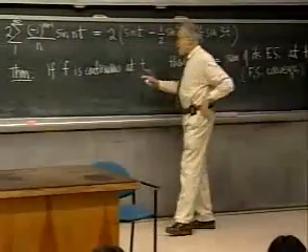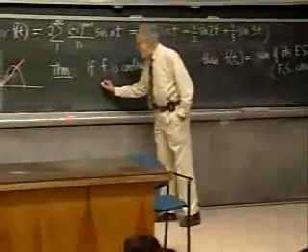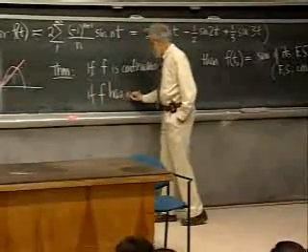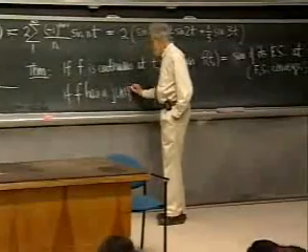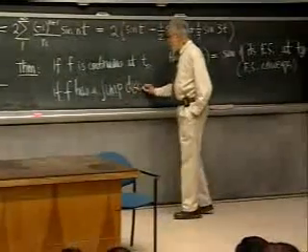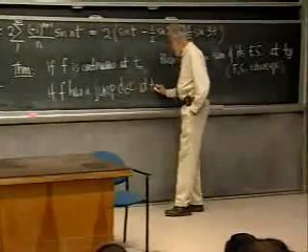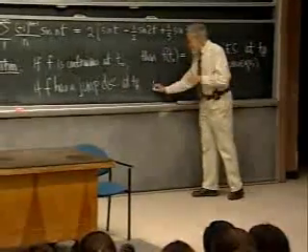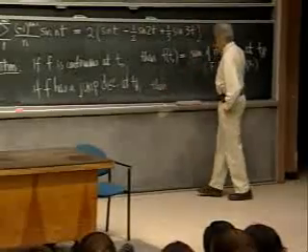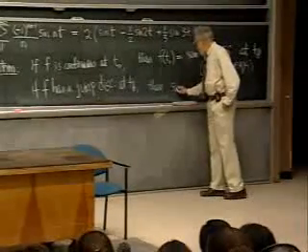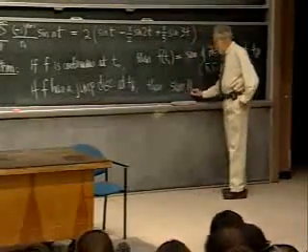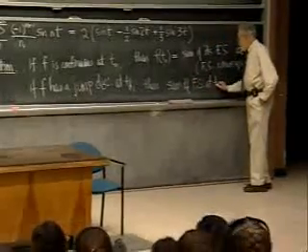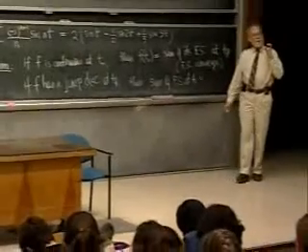So if f has a jump discontinuity at t0, and as I said, that's the most important kind, then the Fourier series converges, and it converges to the midpoint of the jump.